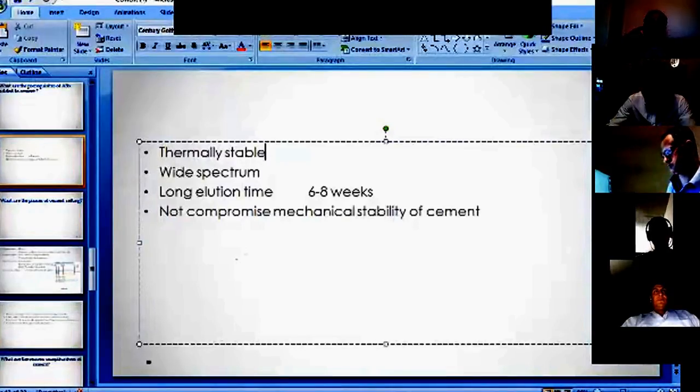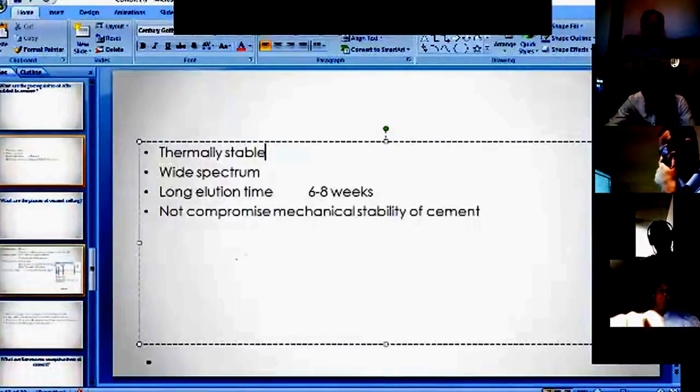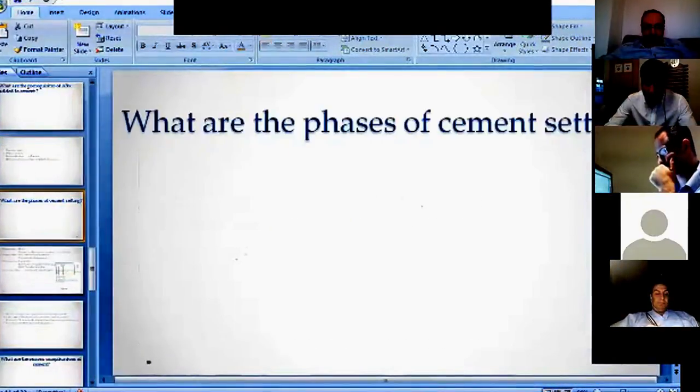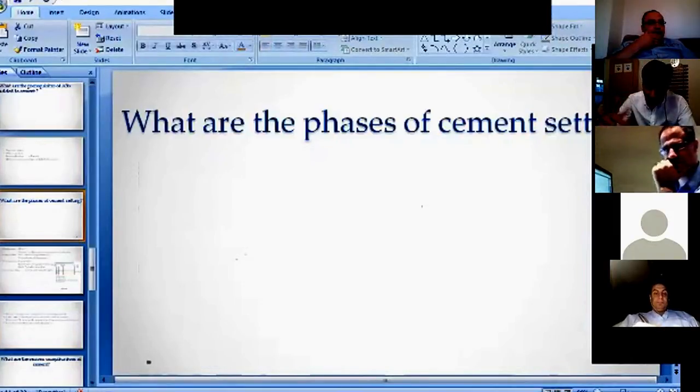Athar, you told us about the various components and properties of cement. So now, what happens when you mix all these components in clinical practice? What are the stages of how they set together? So within clinical practice, this is called a curing process, as if you're making yogurt. There is a dough time, which is the time when you mix the powder with the monomer.